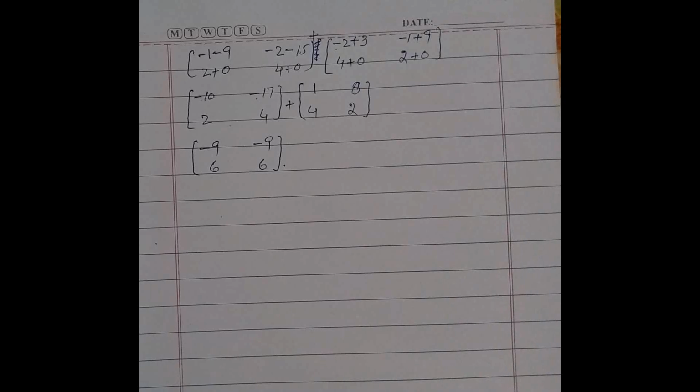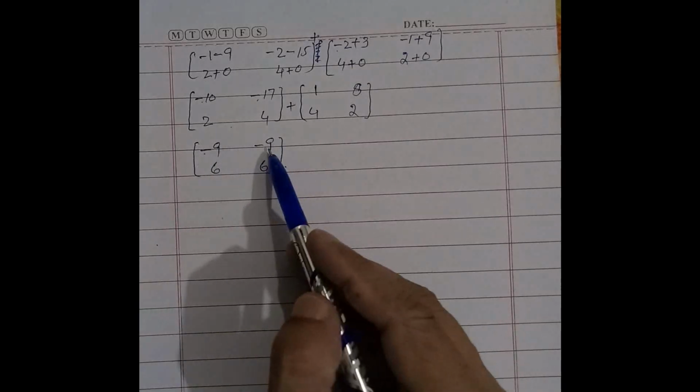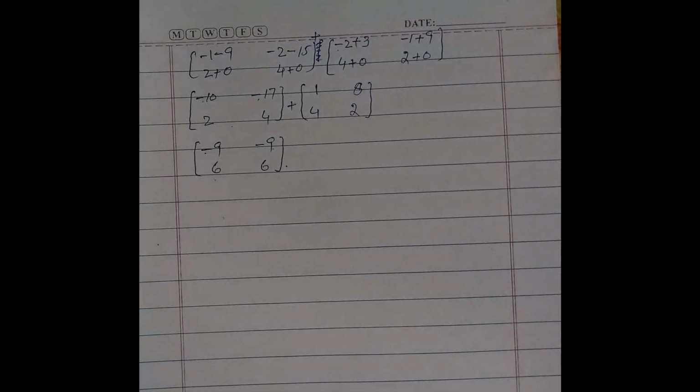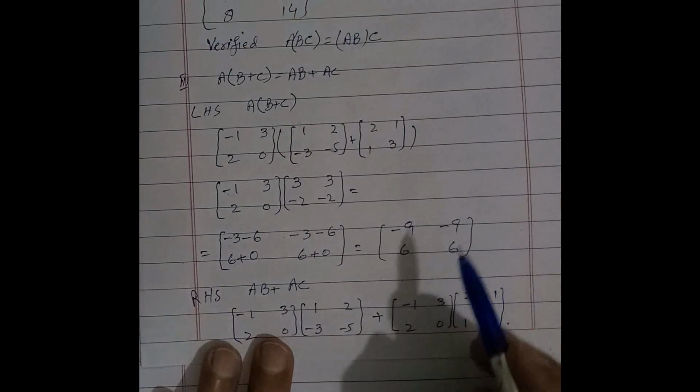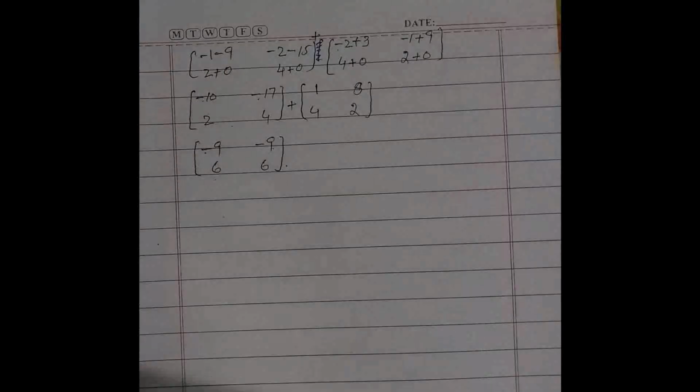And we saw that the right hand side of matrix AB plus AC is -9, -9, 6 and 6. And on the other hand, left hand side are also -9, -9, 6 and 6. So they are verified.